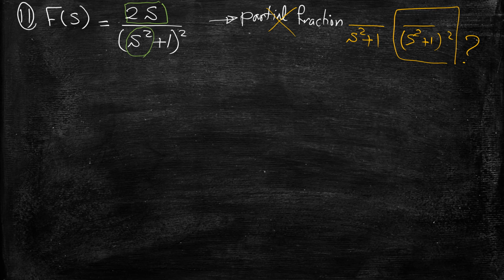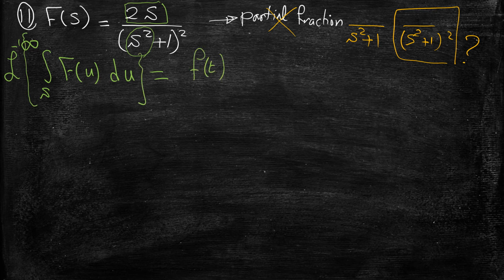So let's think about it this way. We have a property: if we integrate F of s from s to infinity in the s domain, then the Laplace inverse of this is nothing but your previous function f of t divided by t.